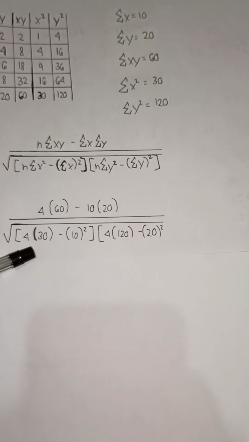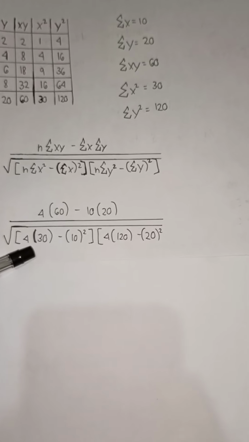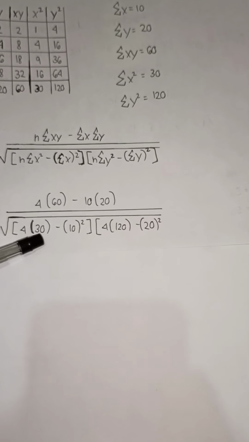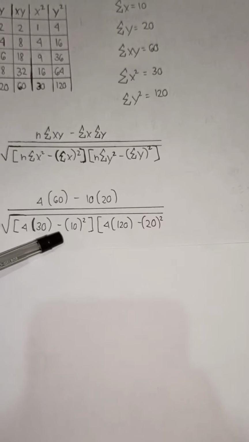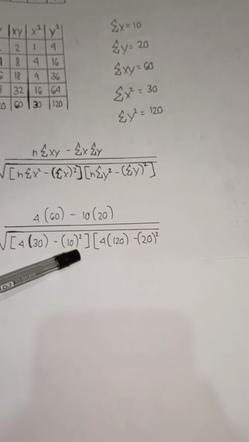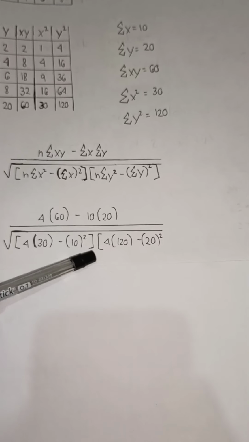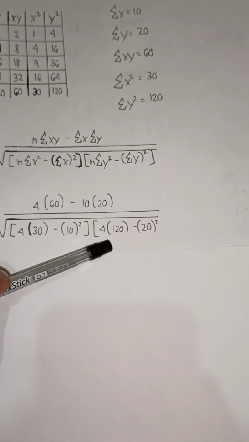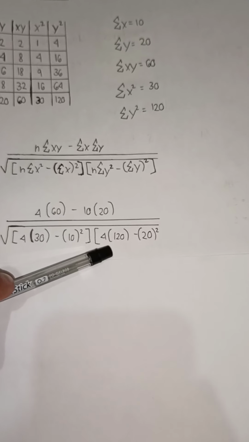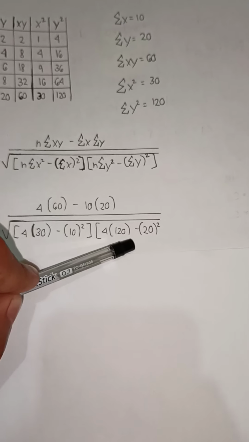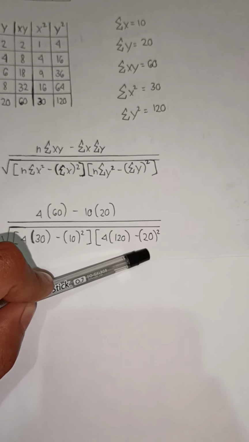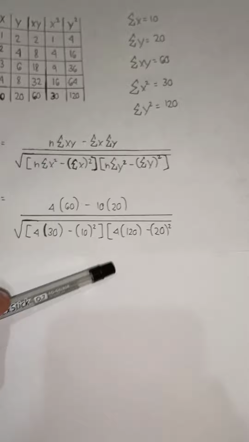And 4 times 30, which is the sum of x squared, minus the sum of x, which is 10, then squared. And 4 times the sum of y squared, which is 120, minus the sum of y, which is 20, and then squared.